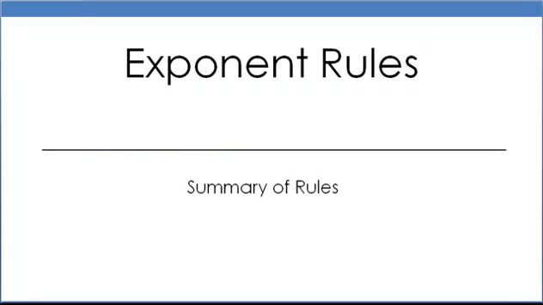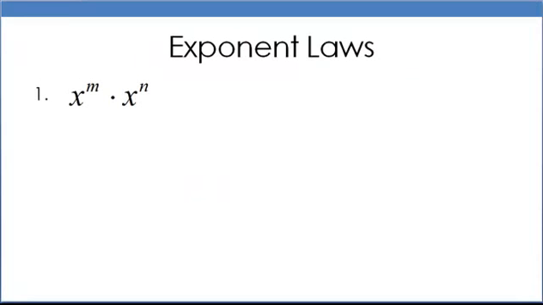Exponent rules. We'll summarize our exponent rules. Our first exponent rule was when we have like bases multiplied, and our rule is to keep the base and add the exponents.